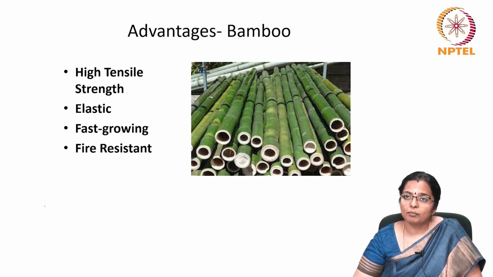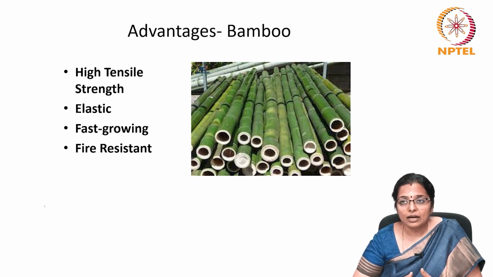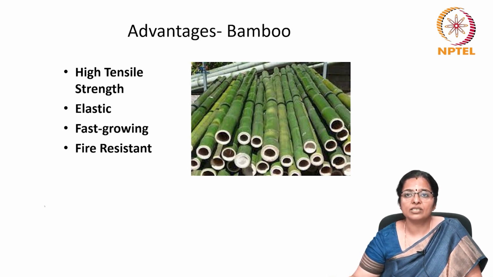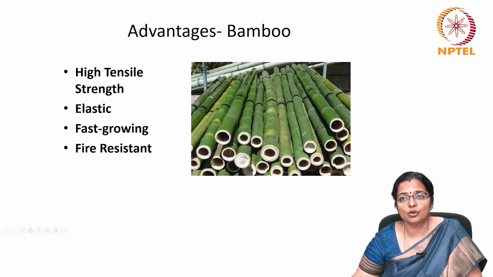It is strong because of its tissue structure, just like wood. Nonetheless, bamboo's fibers are many times longer than those of wood, and practically all of them extend the whole length of the culm, enabling it to bend without breaking or deforming in adverse weather conditions like strong winds and earthquakes.